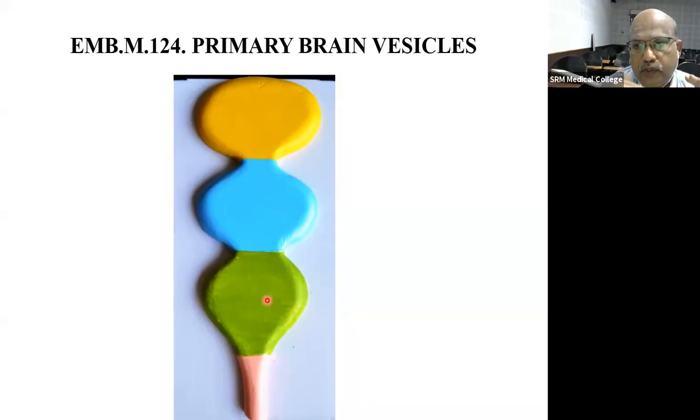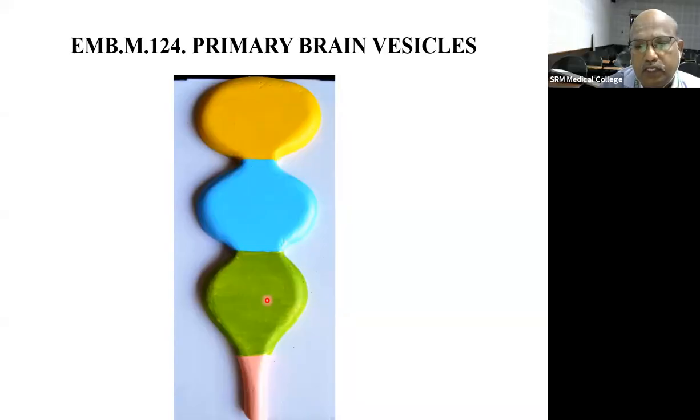The metencephalon gives rise to the pons and cerebellum, whereas the myelencephalon gives rise to your medulla. In between these three we have our fourth ventricle, which is the cavity of the rhombencephalon.